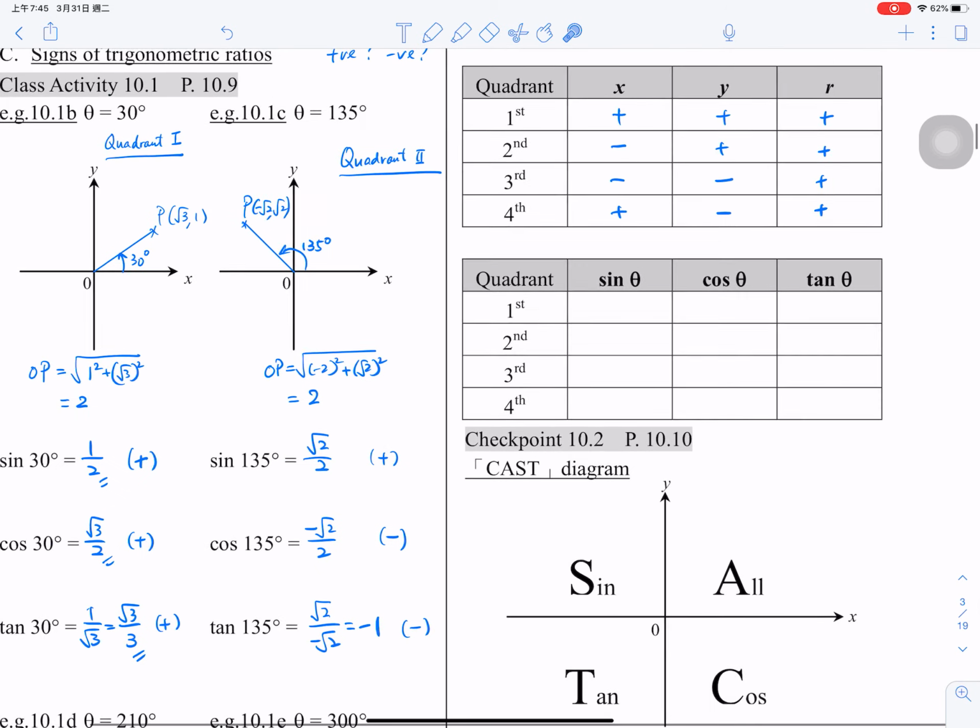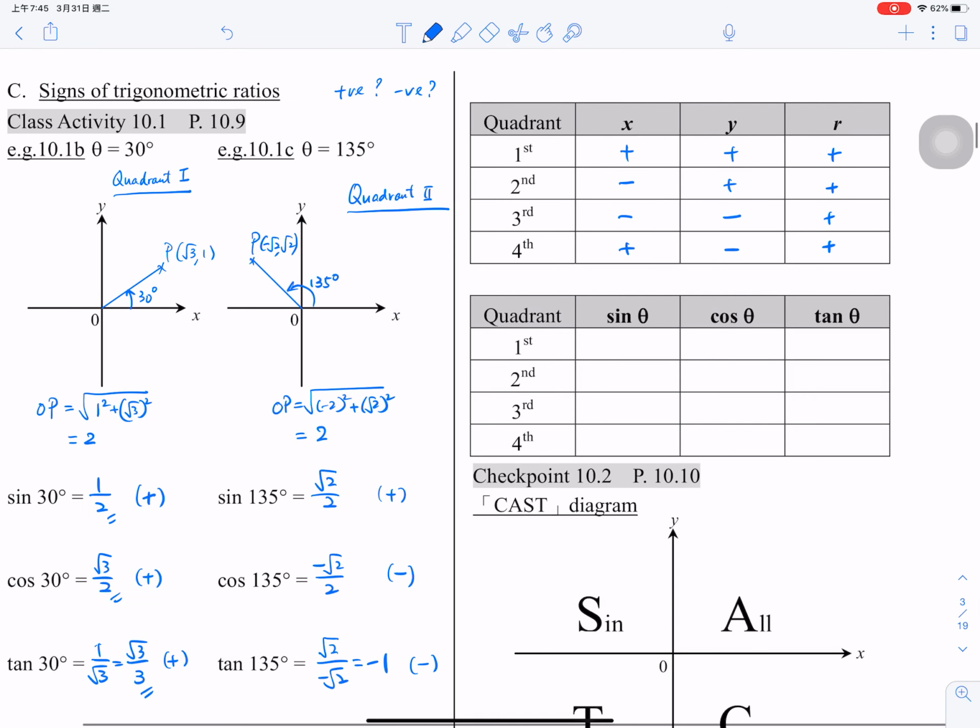Let's see. For the first quadrant, sine is positive, cosine positive, and tangent positive. How about the second one? If you remember, only y is positive, that means only sine is positive.